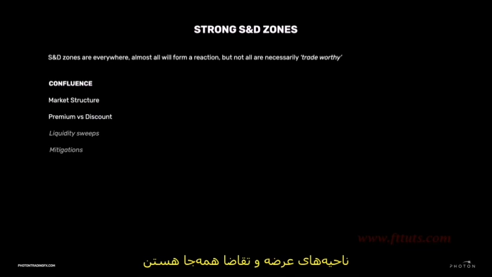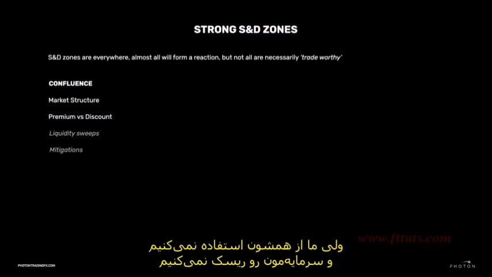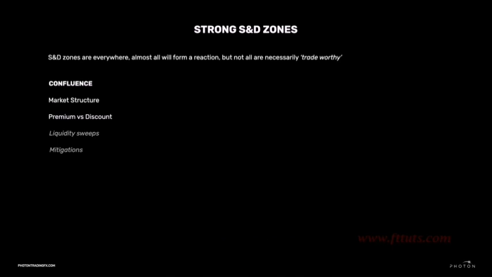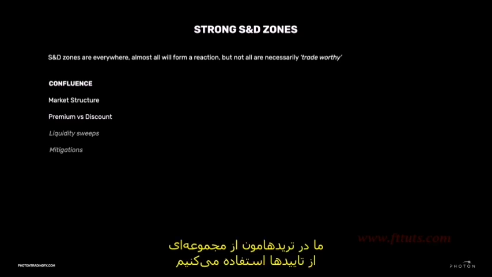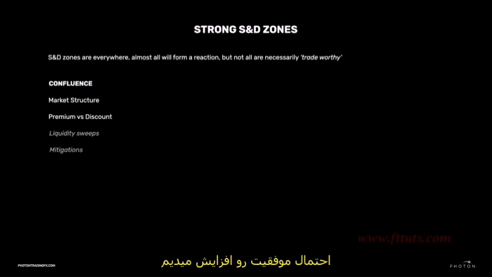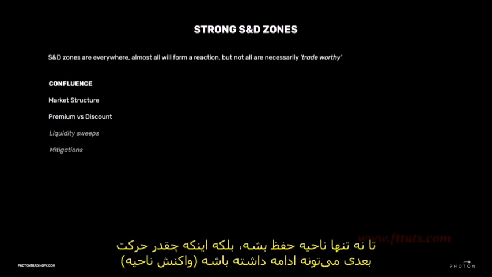Now, supply and demand zones are literally everywhere. Almost all of them will give some form of a reaction, but not all are necessarily ones in which we want to risk our capital on and take a trade from. So of course, we build a portfolio of confluence and evidence for each trade to increase the probability, not only for the zone to hold, but also how far that reaction from the zone is likely to move.